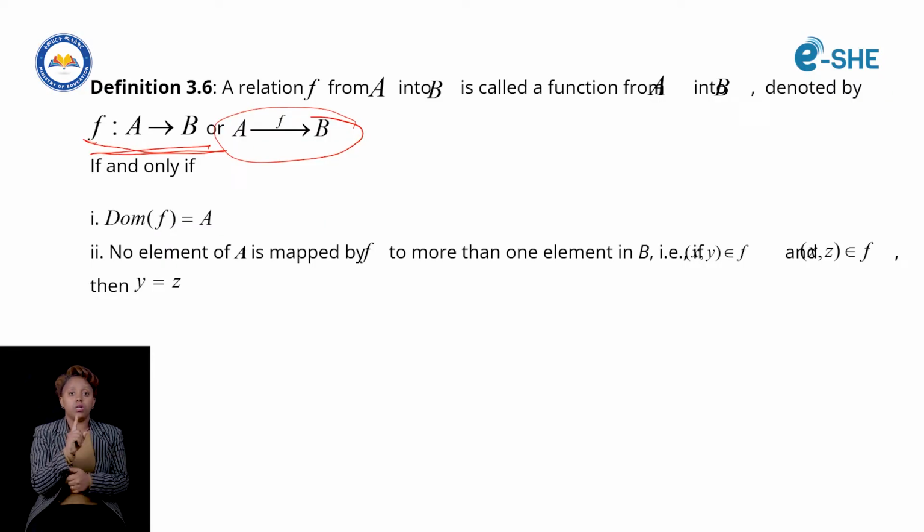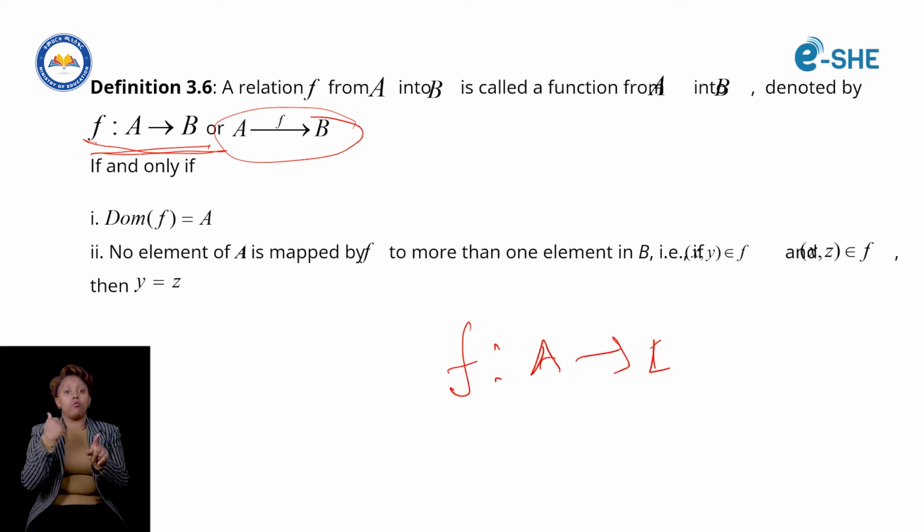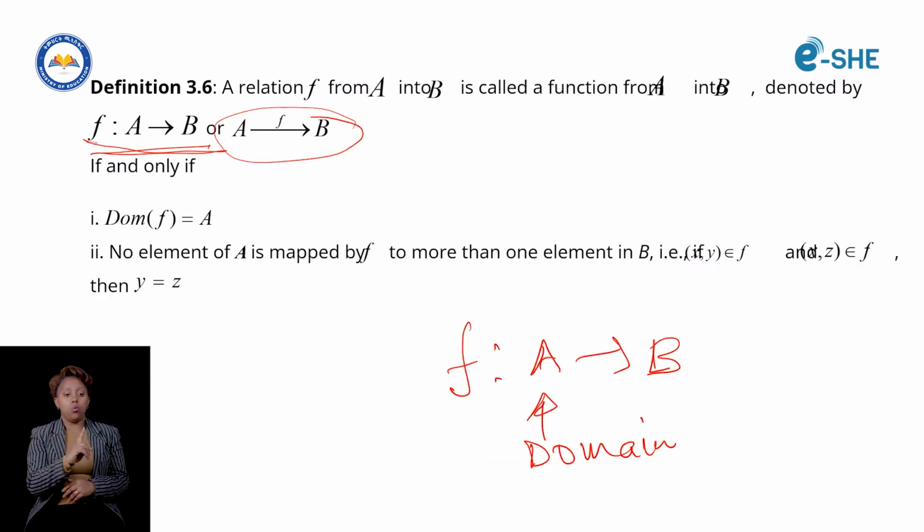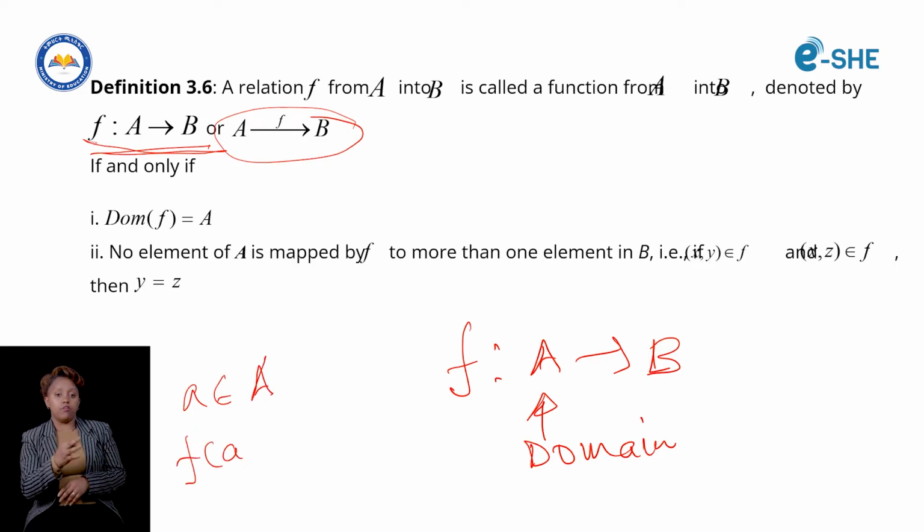The first one: if f is mapped from A into B, then the domain of the function has to be A, and no element of A is mapped by f to more than one element in B. If there is one element a in A, then f of a in B must be unique. That is the key remark that we have to notice.